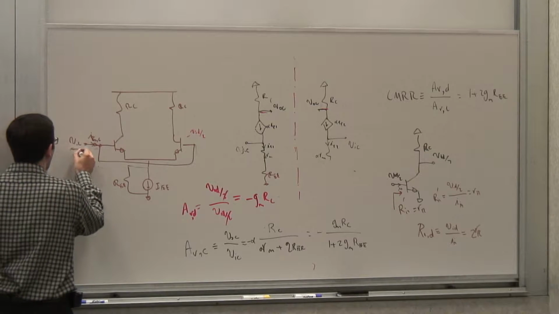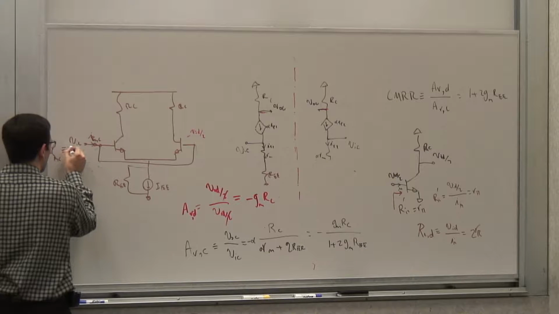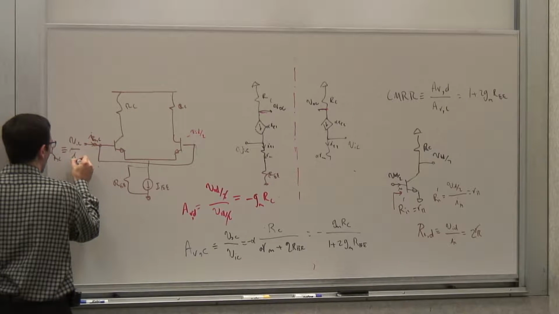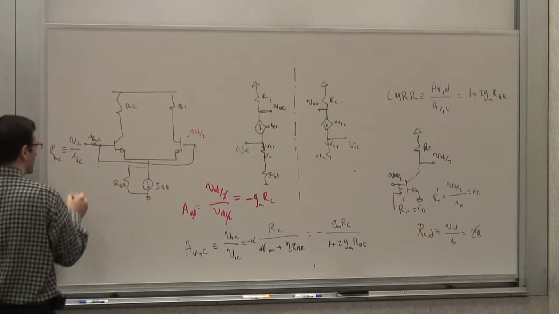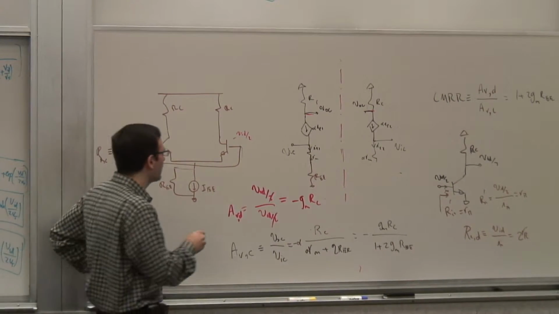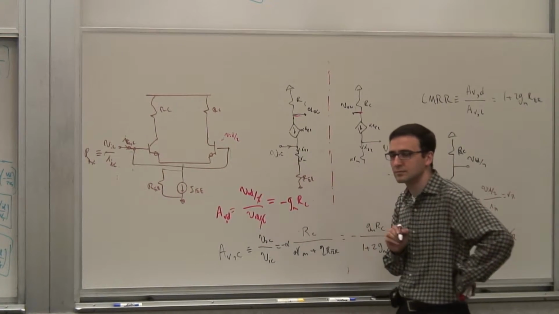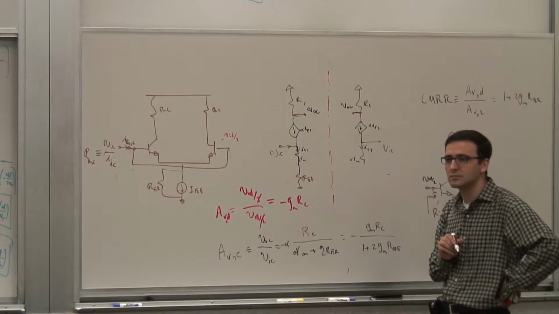So my input impedance for common mode is going to be defined as VIC over IIC, the input common mode current. But if this is VIC, what is this current? Is it IIC?